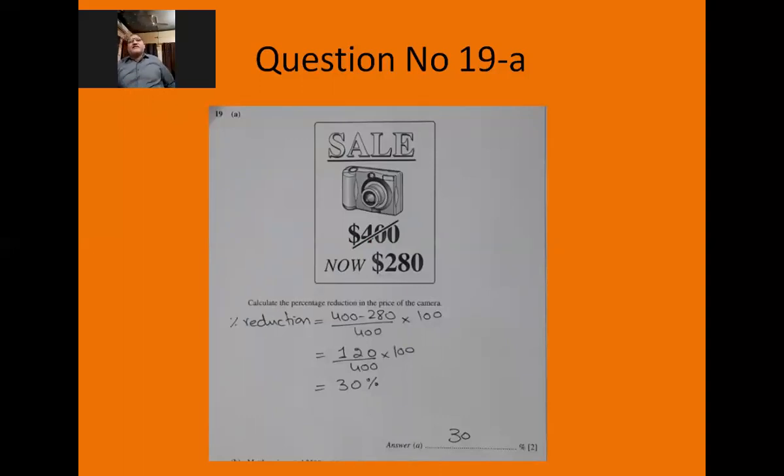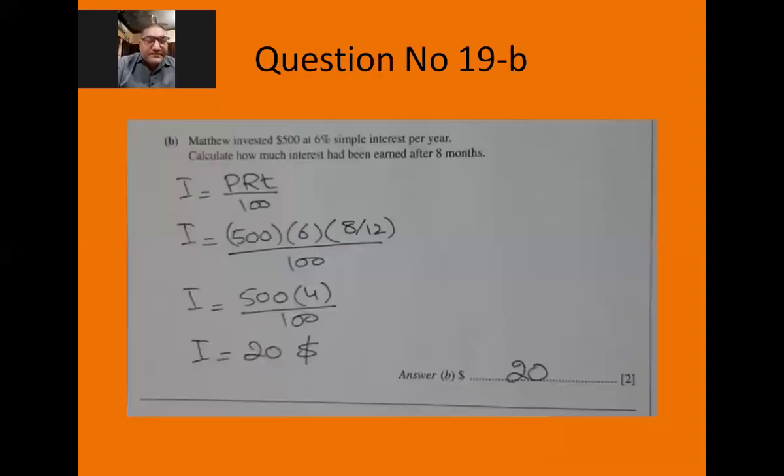The percentage reduction will be the mark price minus the sale price, the whole thing divided by the mark price and multiplied by 100. So you will have 400 minus 280, that will be 120, divided by 400 into 100, and that will be 30%. So the percentage reduction in the price of the camera is 30%.